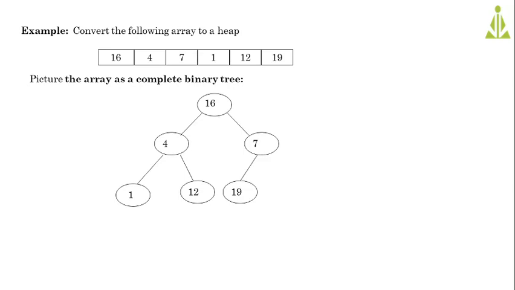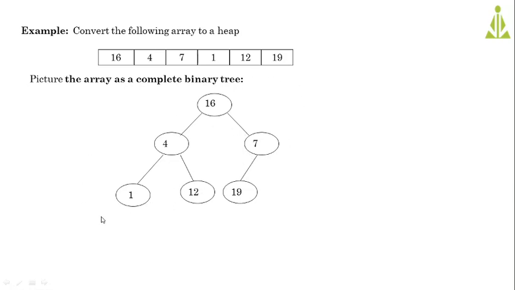So here, convert the following array to a heap. The picture is the array as a complete binary tree: 16, 4, 7, 1, 12, 19.